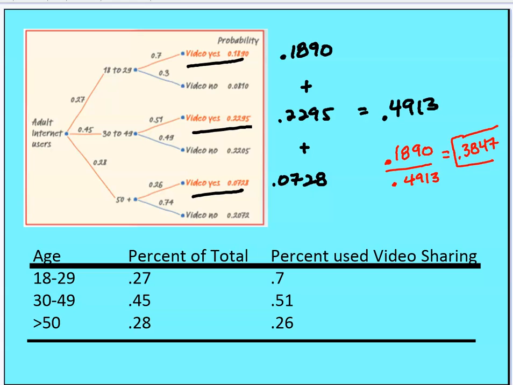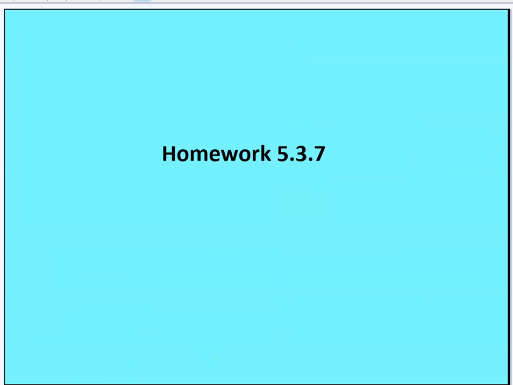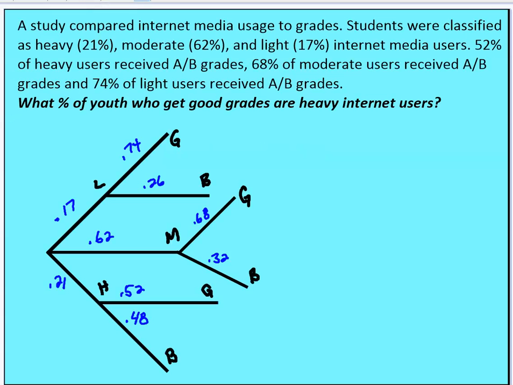All right, that brings us to our last homework problem, which is 5.3.7. And so we're going to go back to the study on internet media usage, and here's a tree diagram that you could have set up from the previous discussion already. And we want to find out what percent of youth who get good grades are heavy internet users.